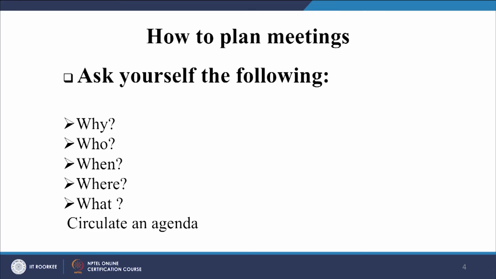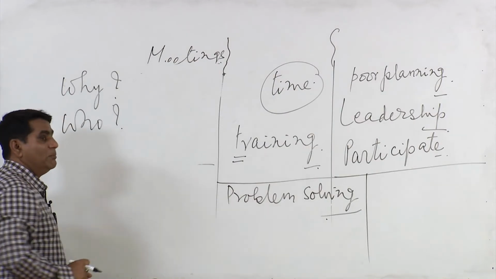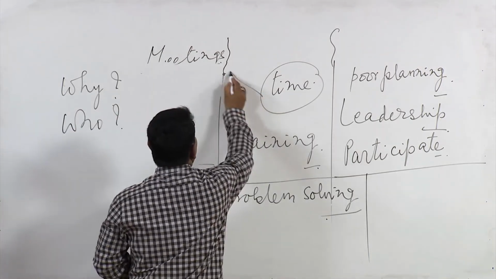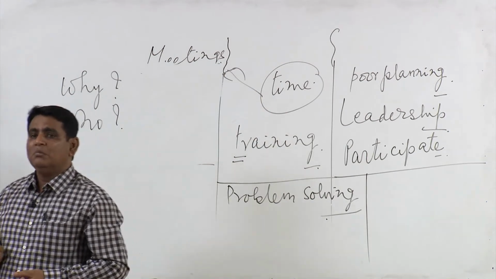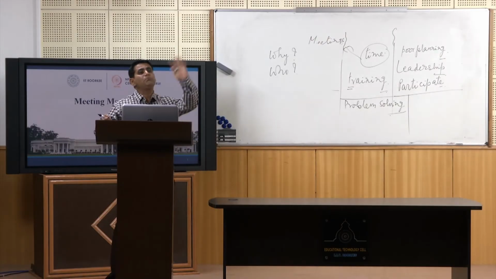Then if you satisfy yourself by getting the proper reasons for the meeting, ask yourself, who are the people that should be called for the meeting, because time is very important. Earlier we said it is time, and the time is not only of one person, the time is not only of you but other people also.